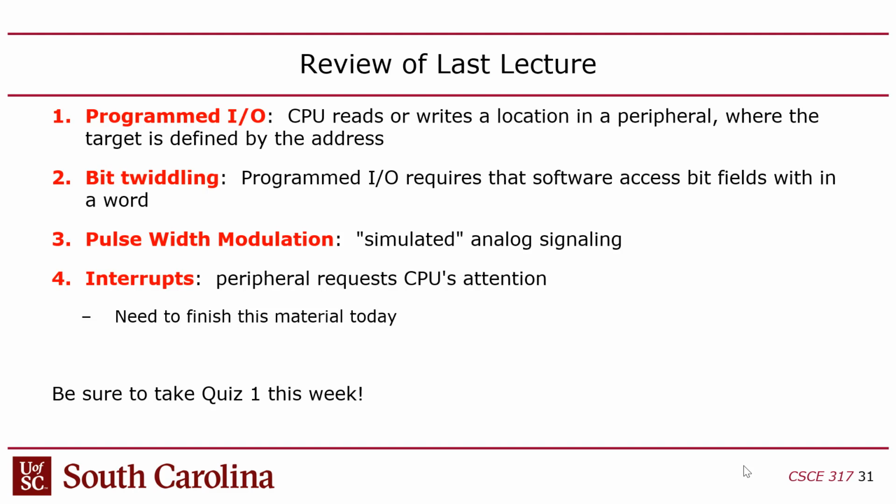And we talked about pulse width modulation, which is the way a CPU can control an analog device using a digital signal. And then we started talking about interrupts, which is the way that a peripheral can request that the CPU execute some code on its behalf, basically getting the CPU's attention. We didn't finish that yet, so I'm going to finish up that material today.